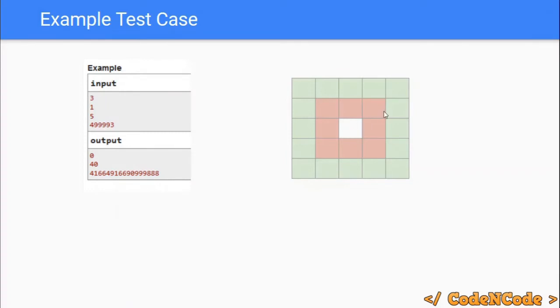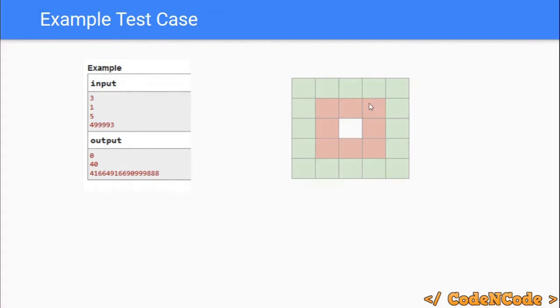Now this is the case of 5 cross 5. For 5 cross 5 the result should be 40. Let's see how the result is 40. All of the cells which I have marked red are at distance 1. By distance 1 I mean all of the figures in the red zone can be brought to the center by one move. If any figure is in this cell, you can make one move and bring it down to the center. Similarly for this, you can move diagonally.